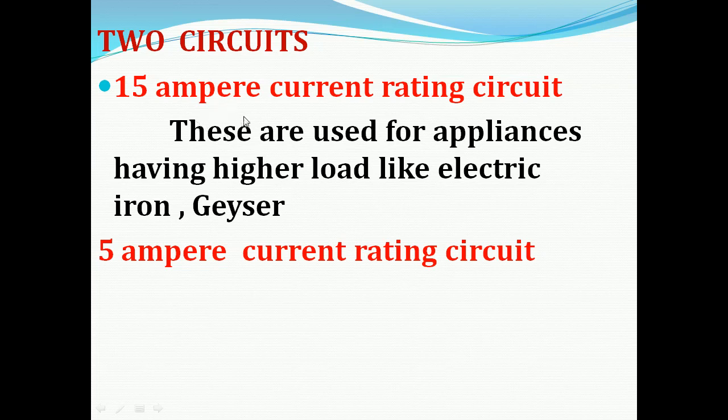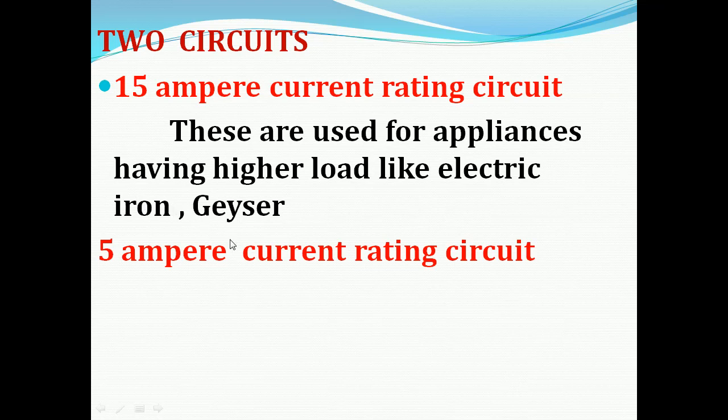The 15 ampere current rating circuit is used for appliances having higher load like electric iron, geyser, electric heater, etc.